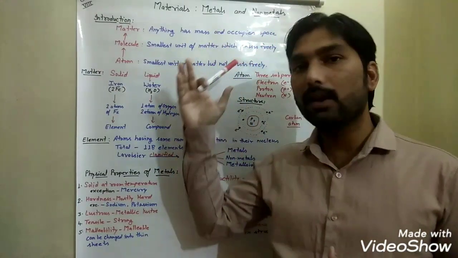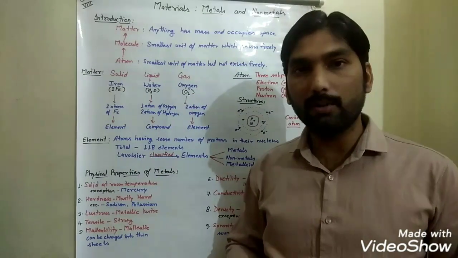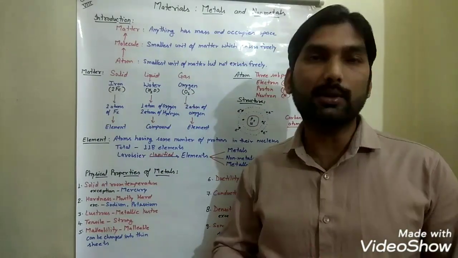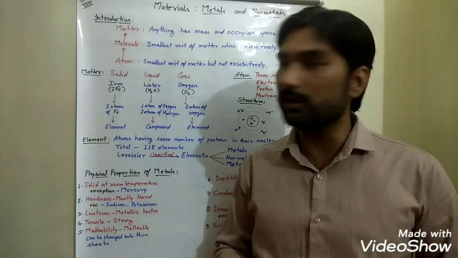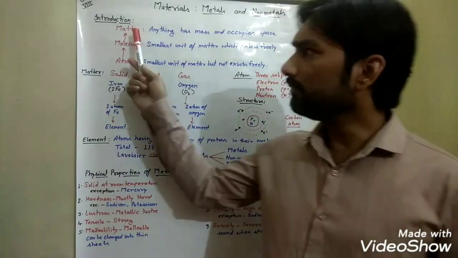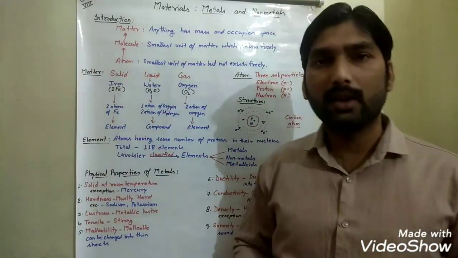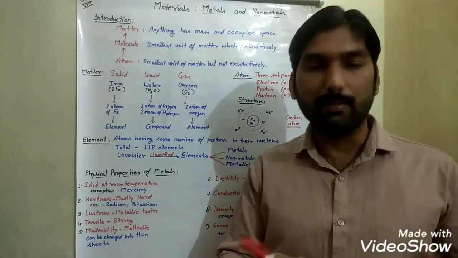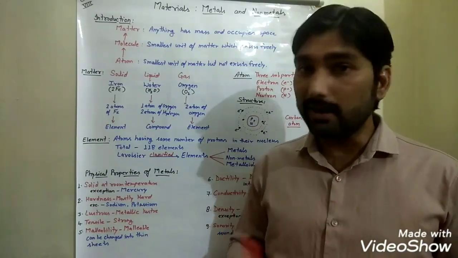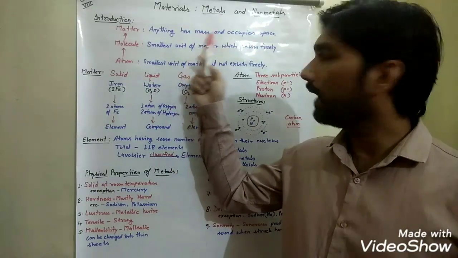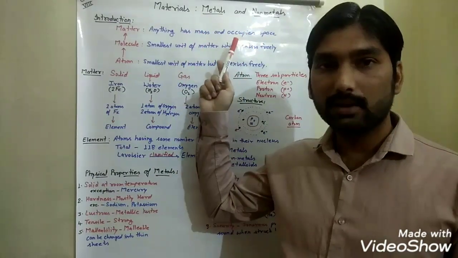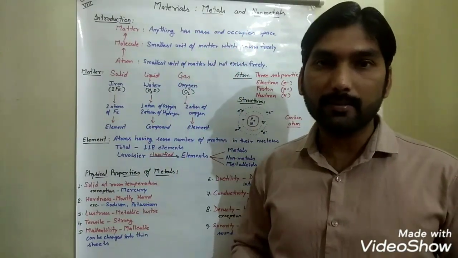But before we see what are metals and what are non-metals, let's talk about some basic knowledge from your previous classes: what is matter. As you may know, anything that has mass and occupies space is called matter.